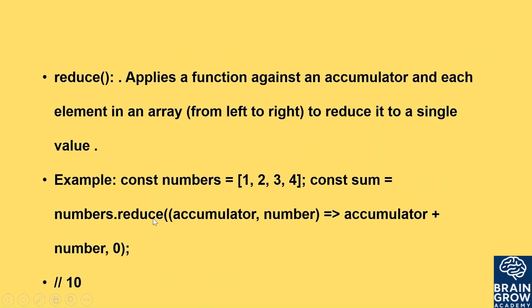And another is the reduce function. It applies a function against an accumulator and each element in the array to reduce to a single value. Let's say we have 1 2 3 4, and we want to sum all numbers. So here we use an accumulator and the numbers, and we initialize the accumulator with 0. So you can see that it will give 10 as output, the sum of all elements.